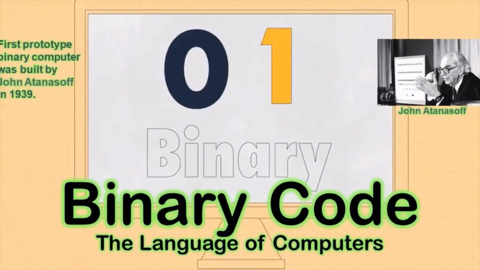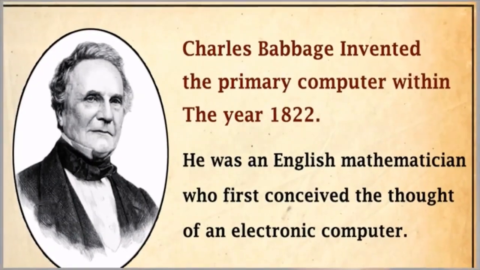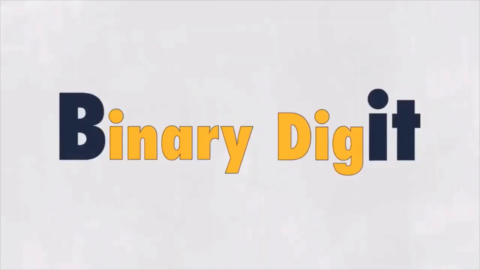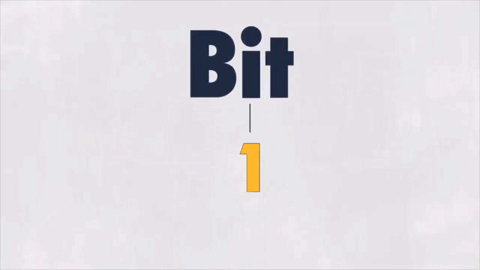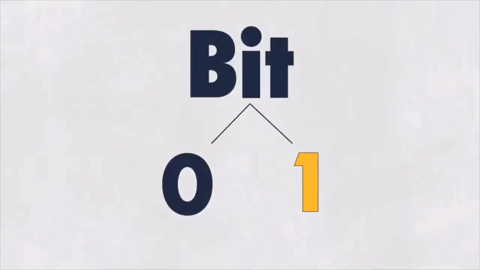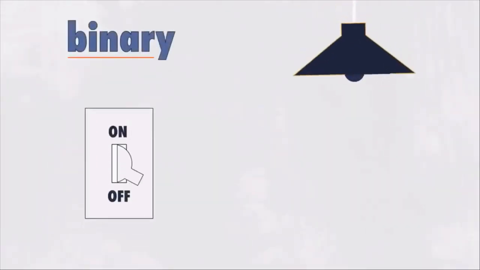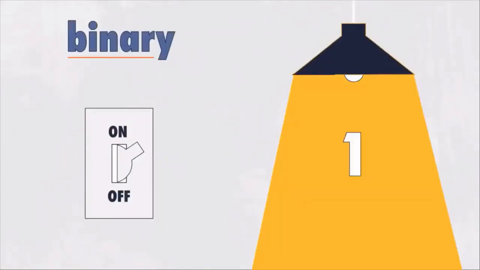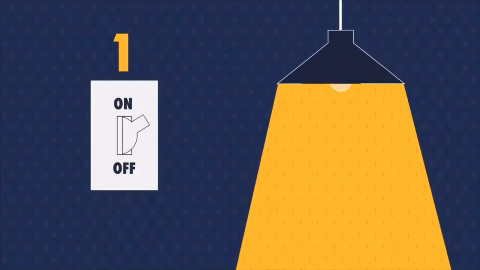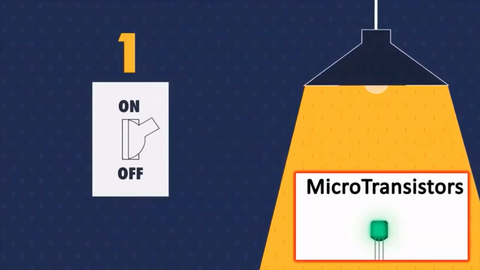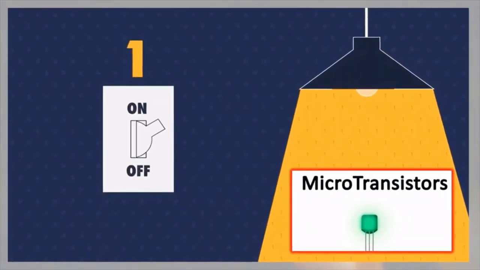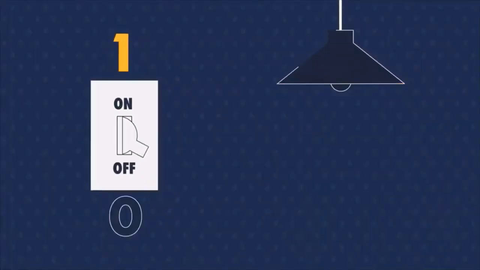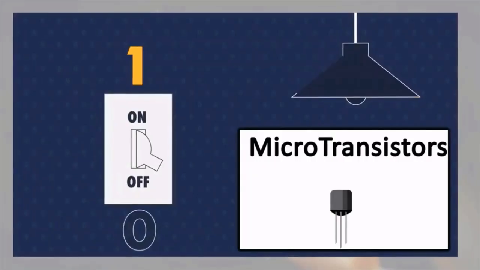Information in computer is stored in binary system, which is stored digitally, and it was developed by John Atanasoff. And the binary coding system is made up of binary digits, which are nothing but bits 0 and 1. And this is what is stored in computers in binary system, and it is based on on and off condition of microtransistors. 1 represents on condition, and 0 represents the off condition of the microtransistor.